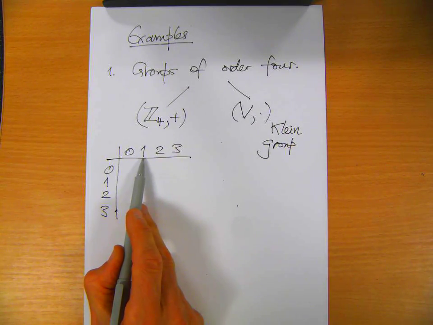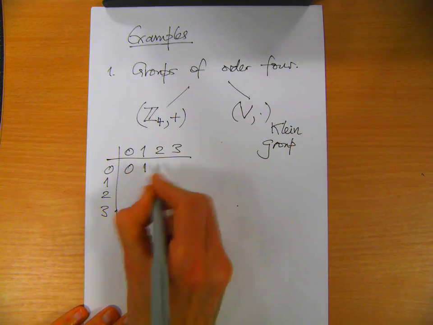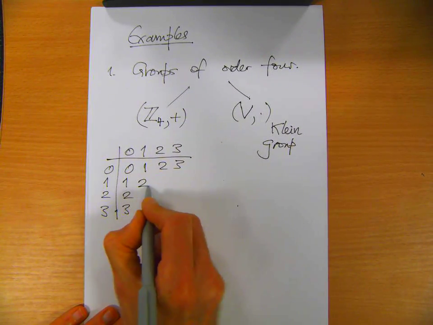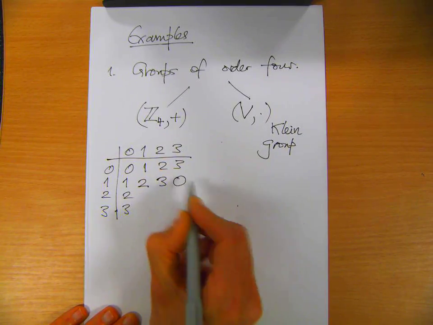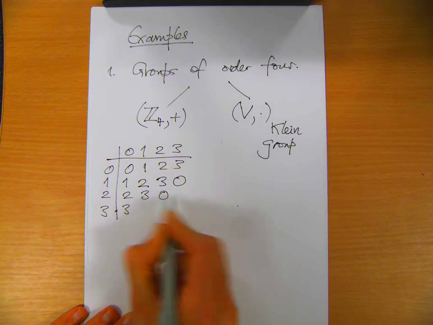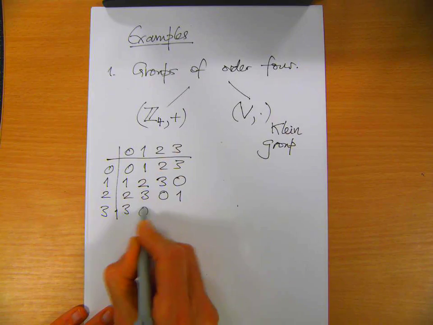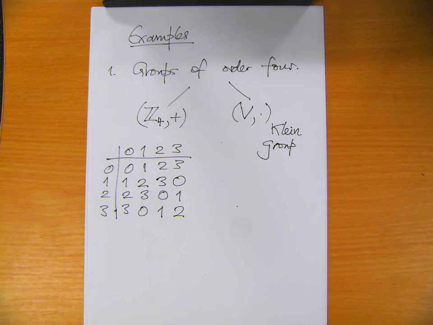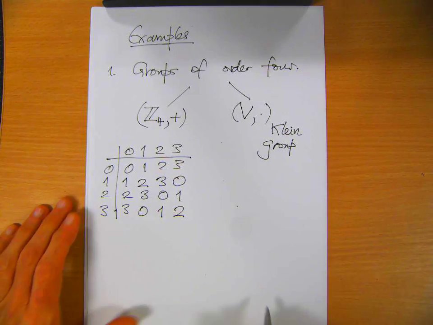It's all the integers that leave remainder 1 on division by 4. But the group table for addition looks like this. So that's addition modulo 4, that's a group of order 4.